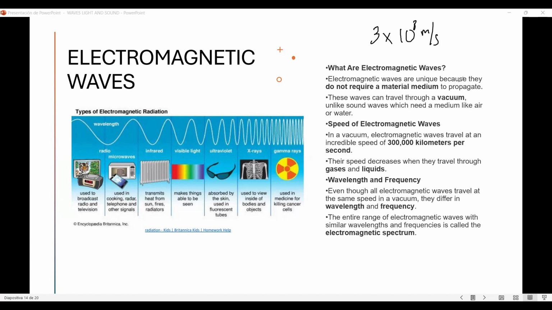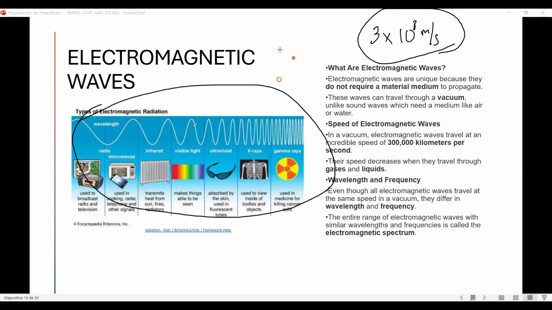And their speed decreases when they travel through gases and liquids. The wavelength and frequency differ, but they travel at the same speed in vacuum. And the entire range of electromagnetic waves with similar wavelengths and frequency is called the electromagnetic spectrum. That is this one, right?